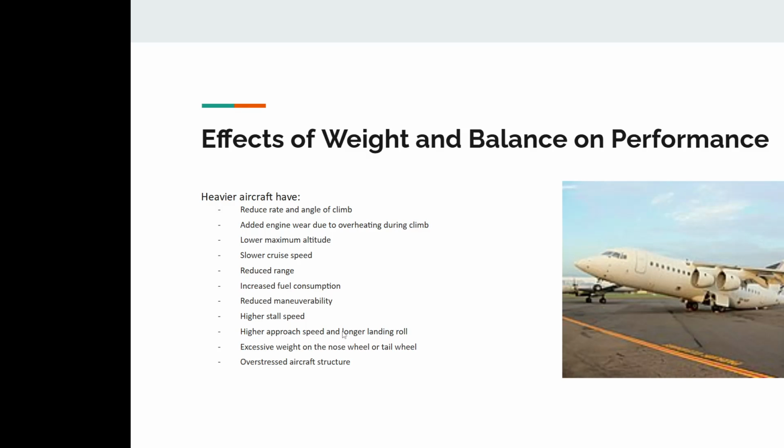Instead of stalling at the original speed, when it's 3,400 pounds, you'd stall maybe at 95 knots, or this is just hypothetical, of course. And then at a much heavier weight, like maybe 3,600 pounds, you would stall at, I don't know, 110 knots. So higher stalling speed is something that you can encounter.